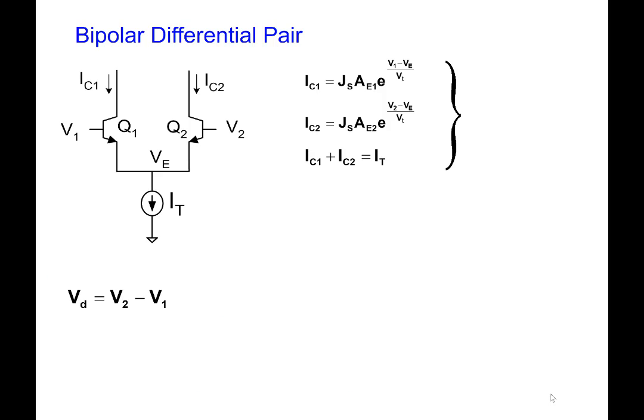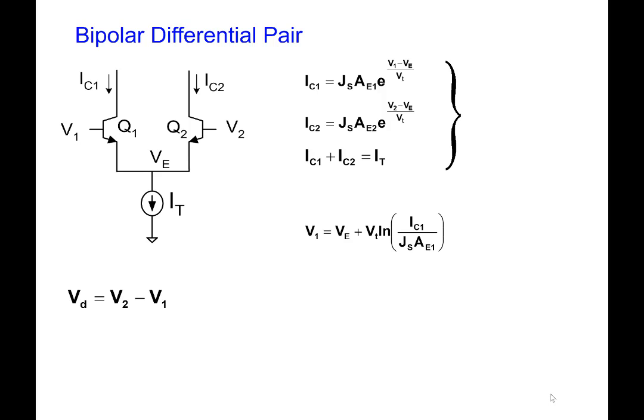Now let's look at the bipolar differential pair. So kind of a refresher, in the forward active region, the collector current is governed by an exponential equation, and I've written expressions for the collector currents IC1 and IC2 in terms of the voltages V1 and V2 on that device. As for the MOS structure, we'll define the differential voltage to be the difference between V2 and V1.